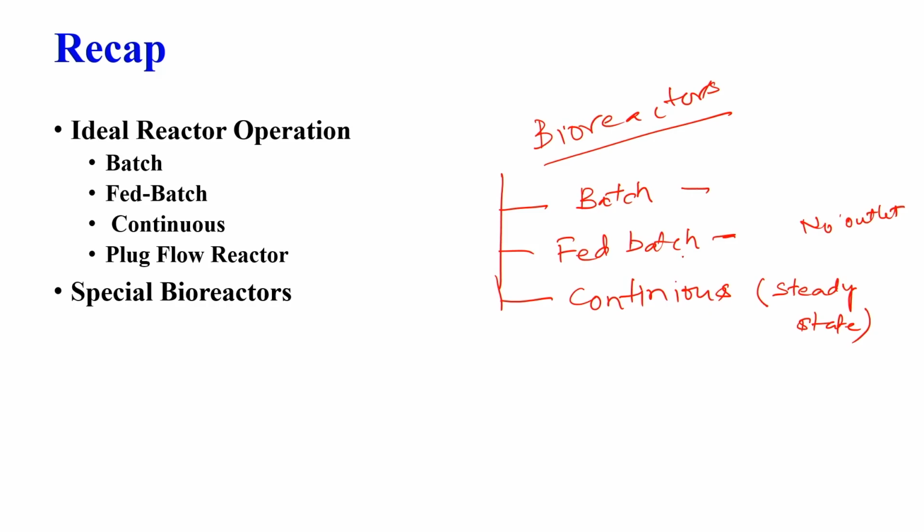But later on we made some assumption, it is called quasi steady state, because there is no significant change in the substrate concentration and biomass with time. Now, the continuous operation can operate in two modes. First, if the flow rate is constant, it means F is constant, that is called chemostat.